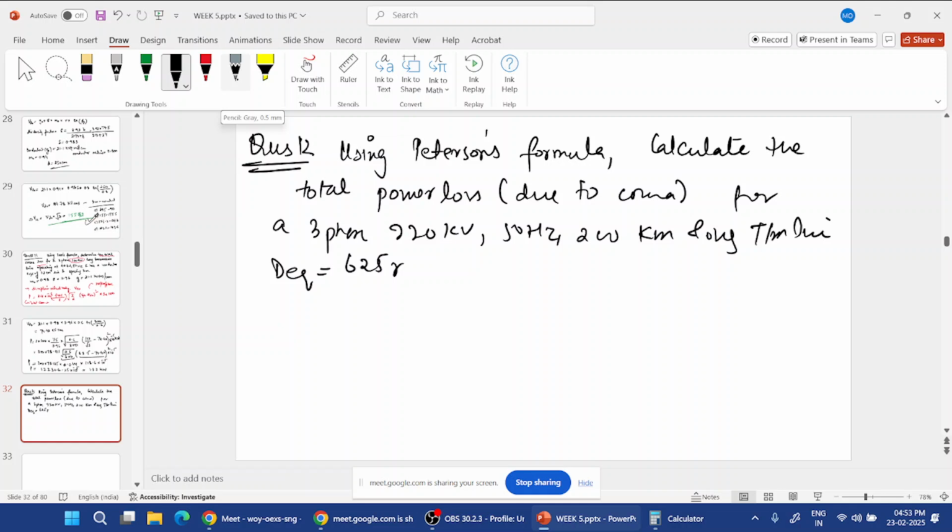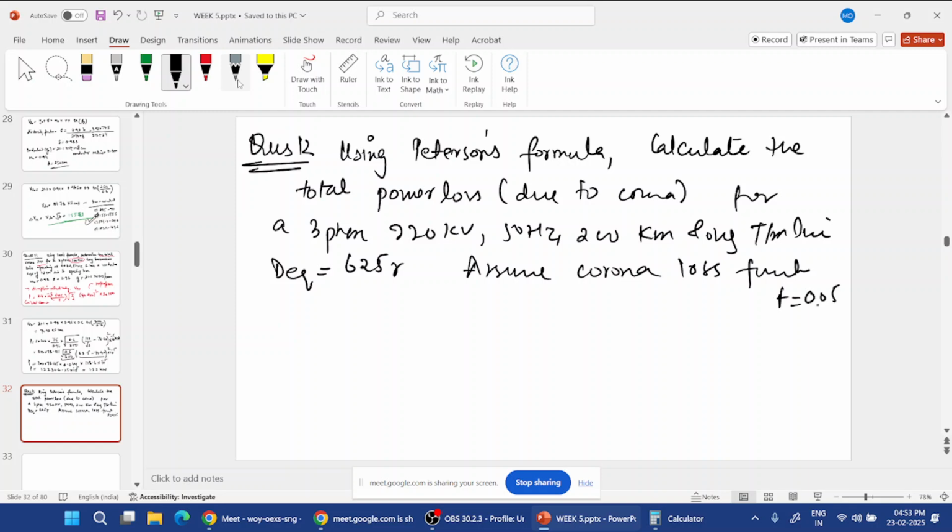So basically we have to calculate the value, and assume corona loss function value F is equal to 0.05.